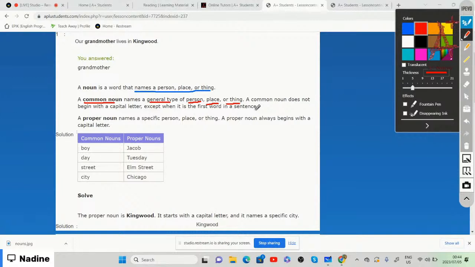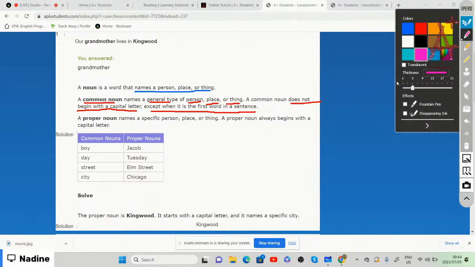Remember when we write certain nouns, if you just write a general noun, say, for example, girl, boy, dad, teacher, unless that general noun is the start of the sentence, that is when we are going to write it with a capital letter. So a common noun does not begin with a capital letter, except when it is the first word in a sentence. Because remember, a sentence starts with a capital letter, right?